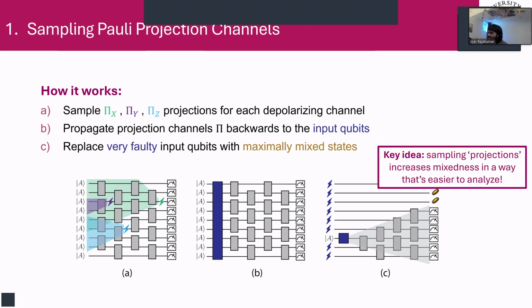The main idea is that instead of sampling the evolution of a channel as a CPTP map, or sampling errors like X errors, Y errors, or Z errors, if you sample this projection channel, you increase mixedness in a way that's easier to analyze. You're able to say that many of my input qubits become the maximally mixed state, and they actually are maximally mixed.